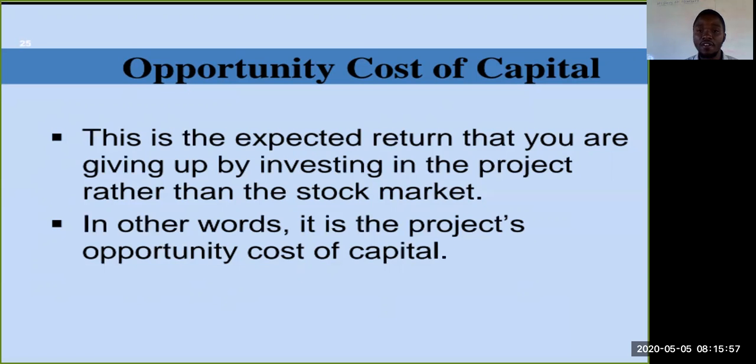It wouldn't profit us to invest in something of higher cost compared to something of lower cost. For example, we had an investment of 350 million kwacha, which is of lower cost compared to the present value of 374 million kwacha.